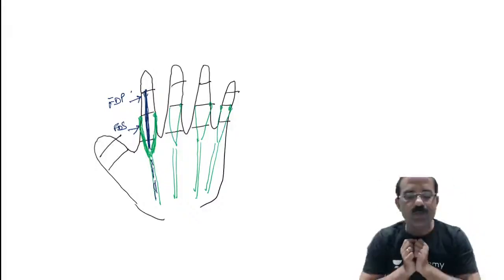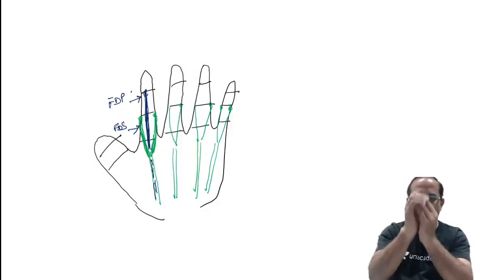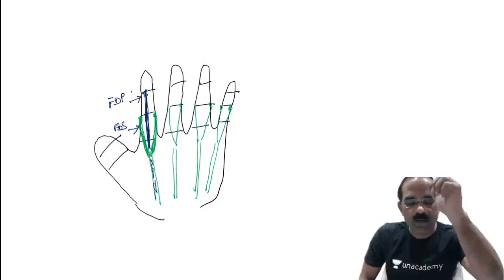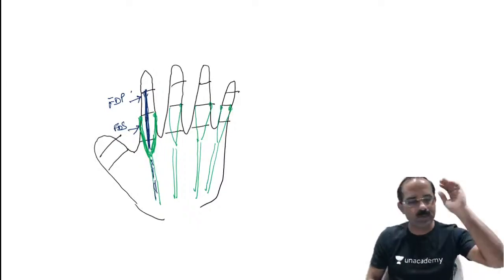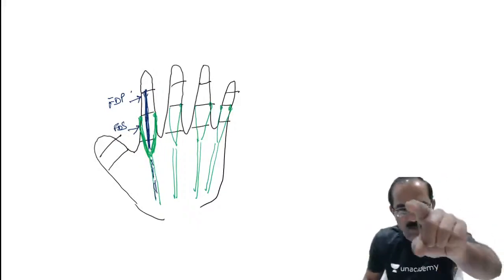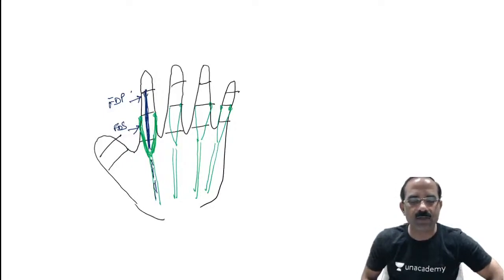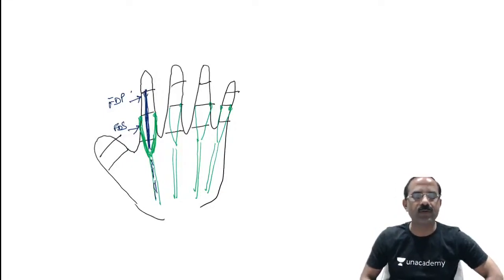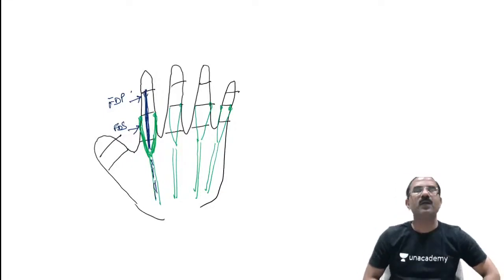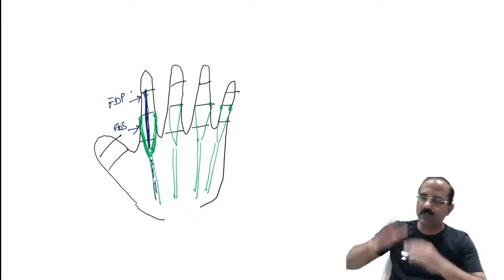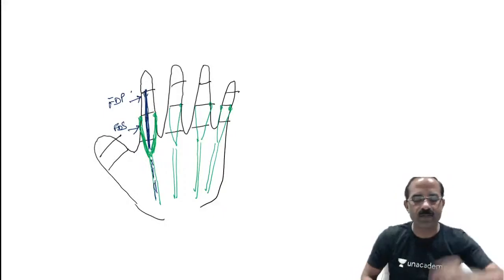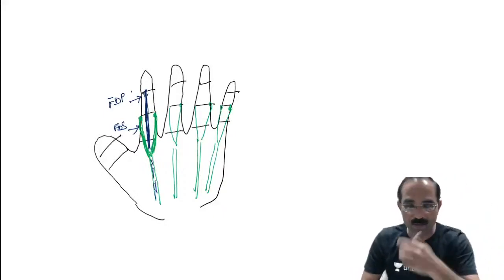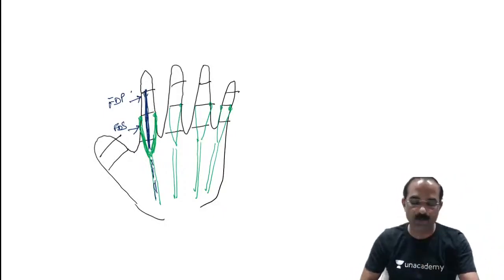And it is going to cause flexion at the proximal interphalangeal joints. It will not act on the distal interphalangeal joints. Clear? Whereas the flexor digitorum profundus is inserted on the base of the distal phalanx, and it will flex the distal interphalangeal joints.